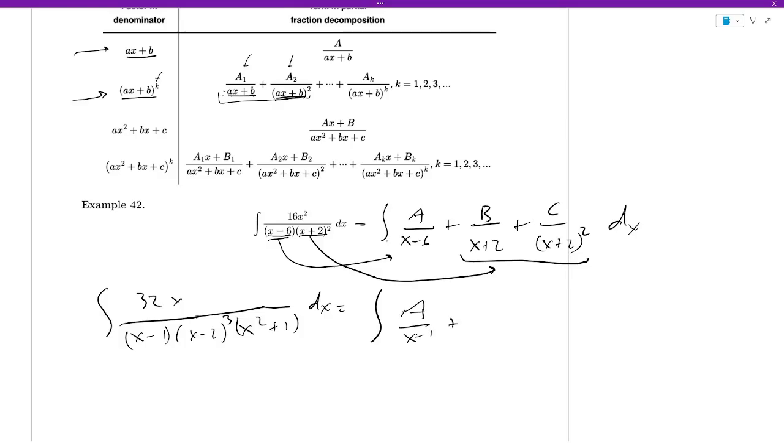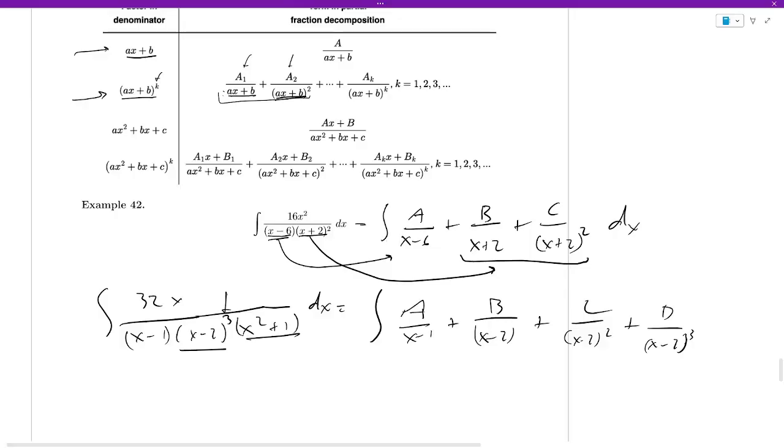And then you can just use letters as you go, a, b, c. You don't have to do like the a1, a2 thing. So this factor, x minus 2 cubed, is going to generate 3 fractions. The first one is just going to be x minus 2, and then it's going to be x minus 2 squared, and then it's going to be x minus 2 cubed. So because the power is a 3, it generates these 3 fractions where the powers go up as you go.